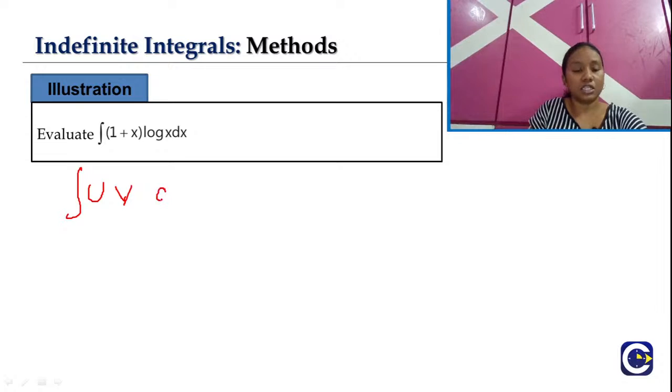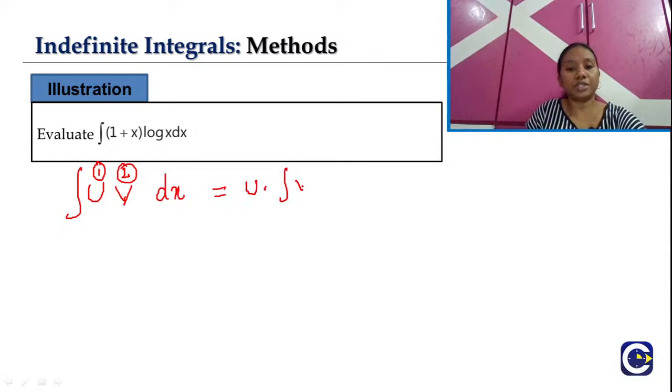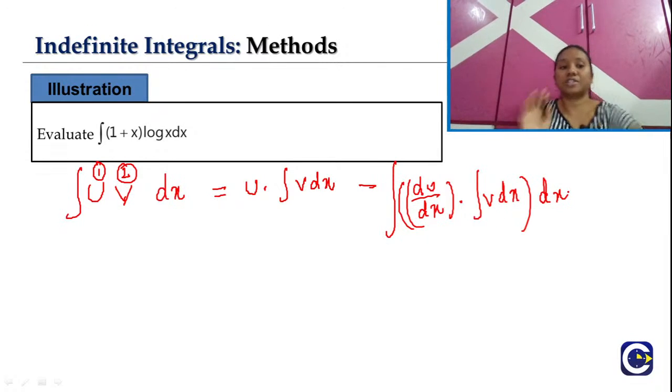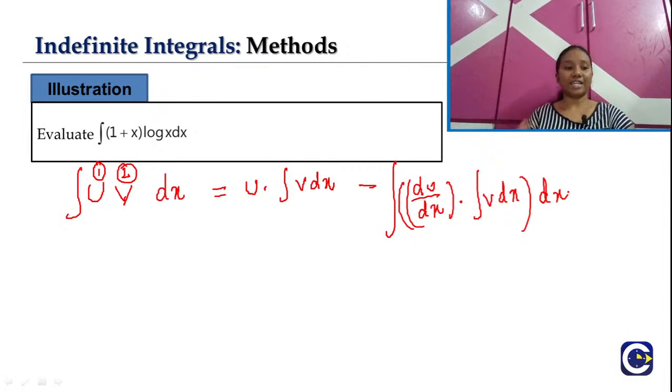Integral of U and V dx, where I am considering U as first function and V as second function, will be equal to first function into integration of second function minus integration of differentiation of first function into integration of second function, and the whole integration here.